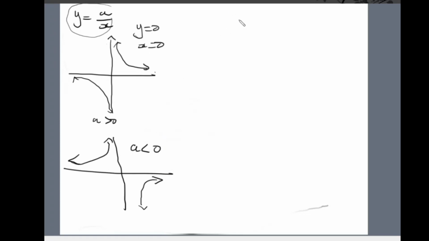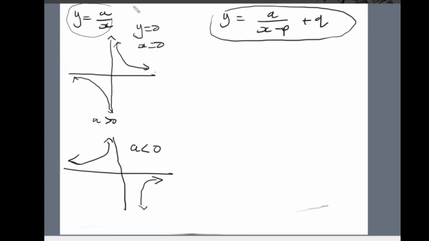So now the other form of the hyperbolic function will be y equals a over x minus p, plus q, right? Notice this form of the hyperbolic function is simply a transformation of this standard form. You can say that to get to this form, we shifted the graph of the standard hyperbola horizontally by p units and vertically by q units.